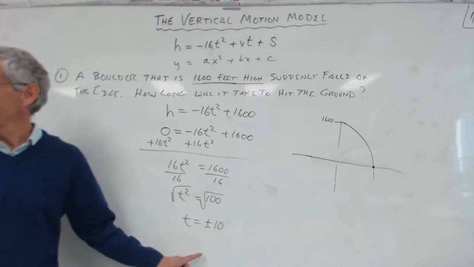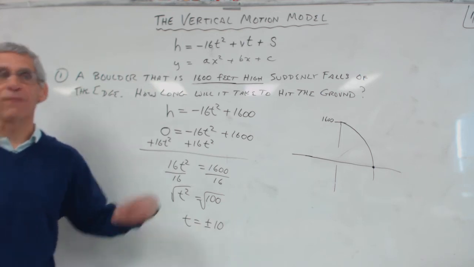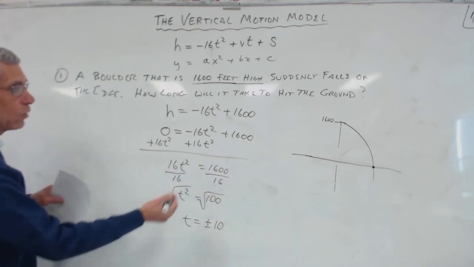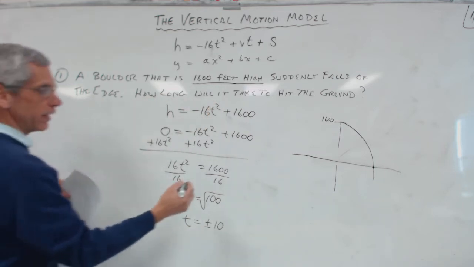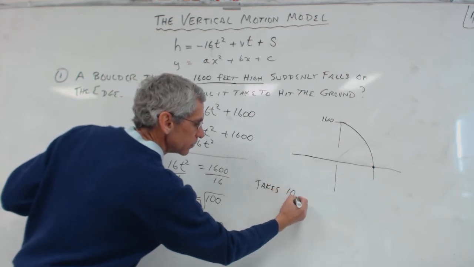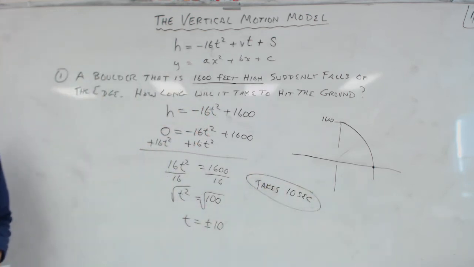Can it be negative 10 seconds? No, it can't be negative 10 seconds because it's after the clock starts, right? It's going to be a positive number. So how long will it take? It will take 10 seconds. And that's my answer. Does that make sense?